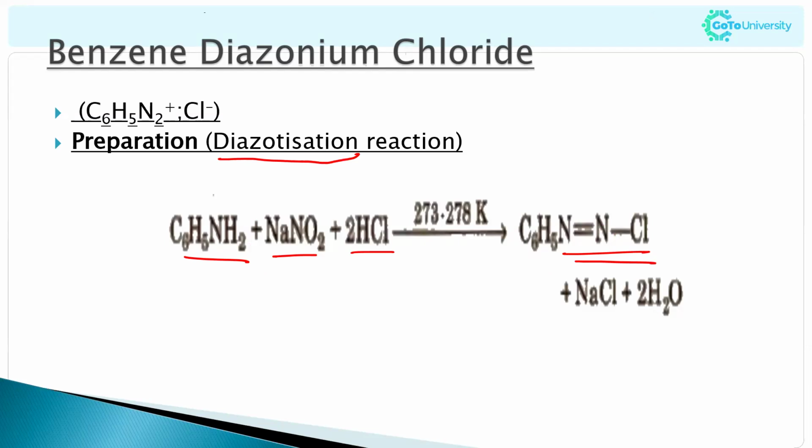Benzene diazonium chloride can be used as the starting reagent for many reactions. Using benzene diazonium chloride, we can prepare some other compounds as well. So benzene diazonium chloride is important. It can be used as a starting reagent for many other reactions. Okay, that's it.